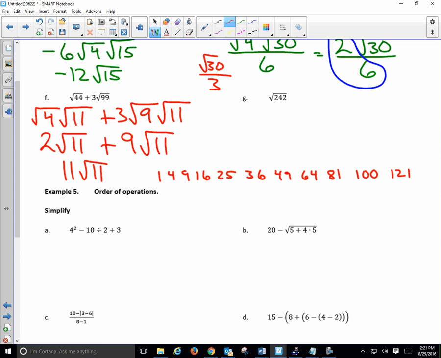What times what is 121? 11 times 11. So we have the square root of 121 times the square root of 2. Square root of 121 is 11.